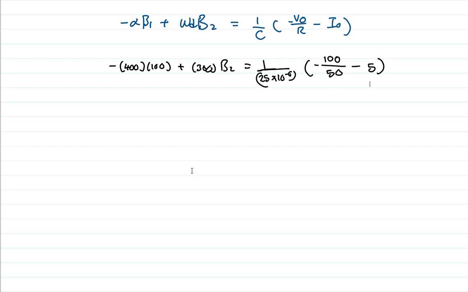When we put that into our calculator, we find that B2 is equal to negative 800.